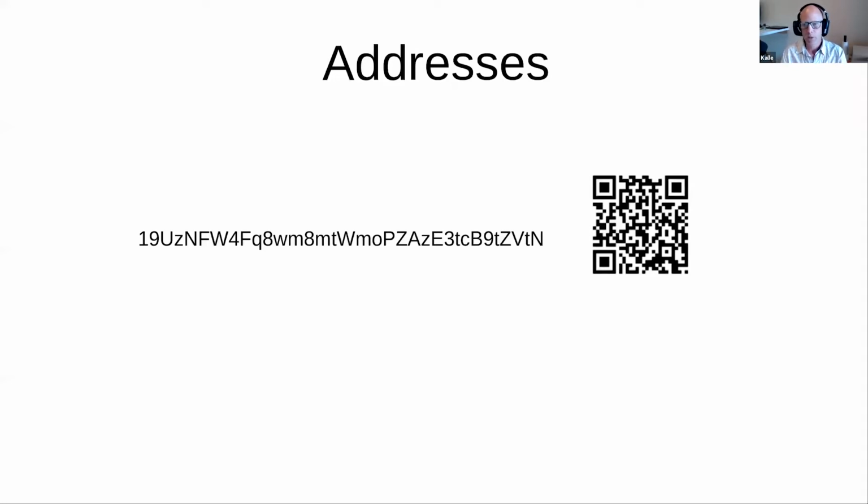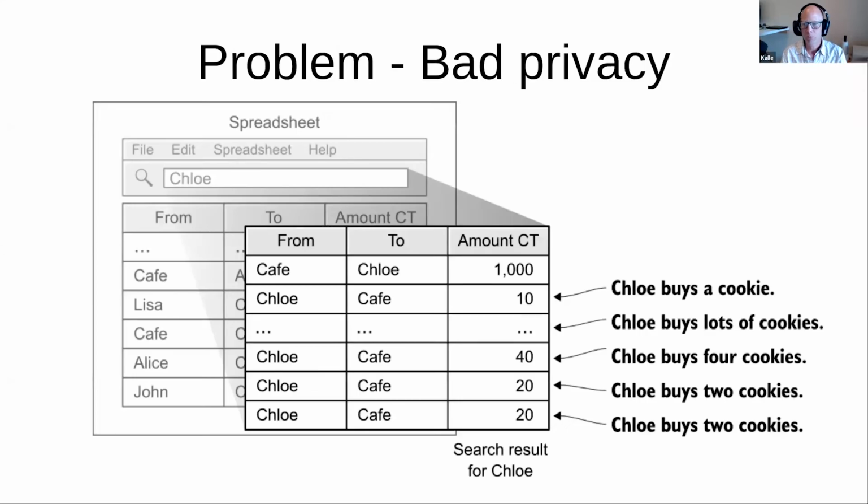Okay, but let's look at a specific problem with this cookie token spreadsheet right now. We have extremely bad privacy in this spreadsheet because everyone's name is literally in the spreadsheet. So for Chloe, for example, anyone who's looking at this spreadsheet can figure out that Chloe buys a lot of cookies.